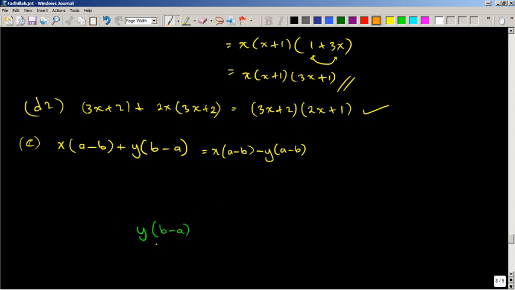I want to take B minus A first. We do it slowly. B minus A together with minus A plus B. Can you comprehend that? Fadhillah? Right? B minus A is equal to minus A plus B.